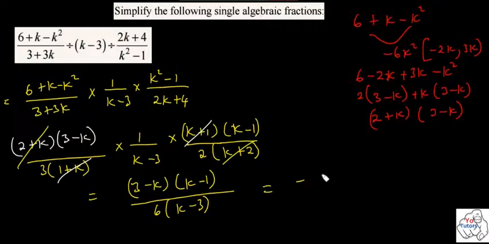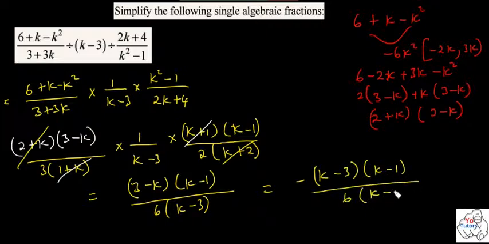So if we say negative, then we're going to have k minus 3 on top, then k minus 1 over 6 in bracket k minus 3. Then we have something common here, which is k minus 3. Your final answer should be equal to negative k minus 1 over 6. That becomes your final answer.